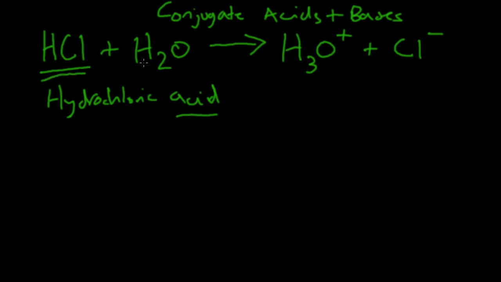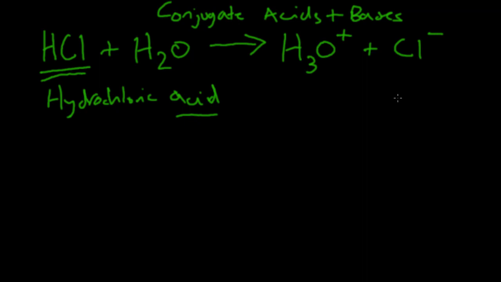Now, it follows that once it's already donated its H+ ion, it'll turn into a form of that molecule that lacks the H+ ion and is therefore a conjugate base.